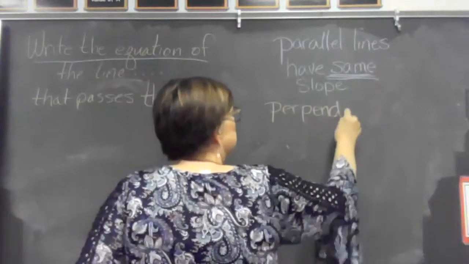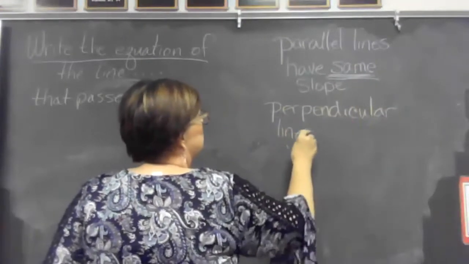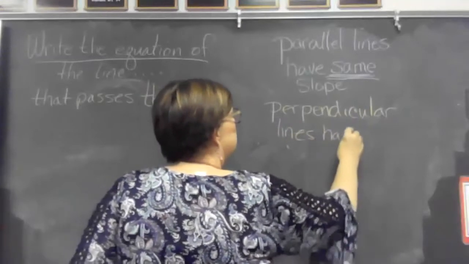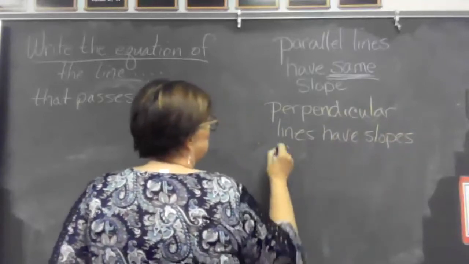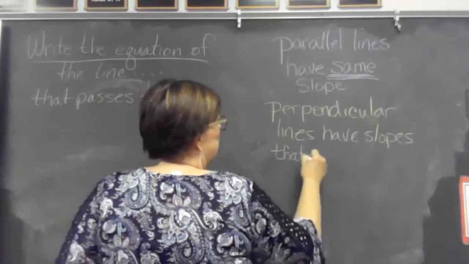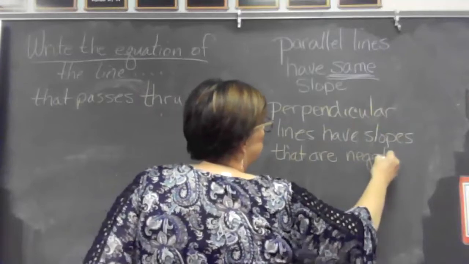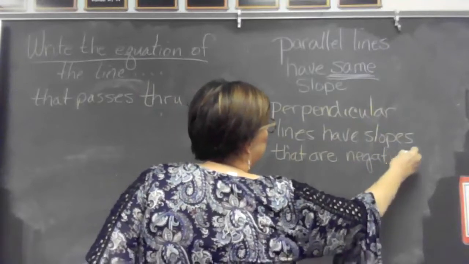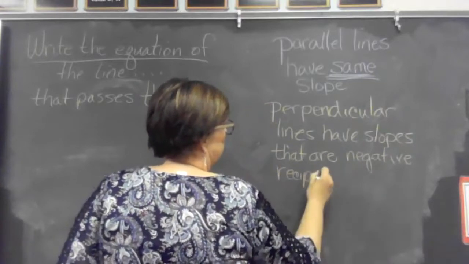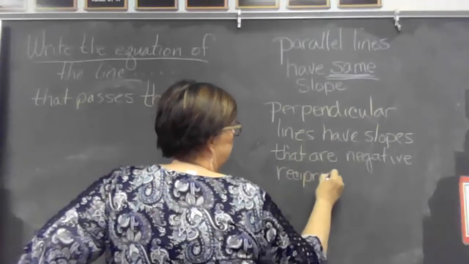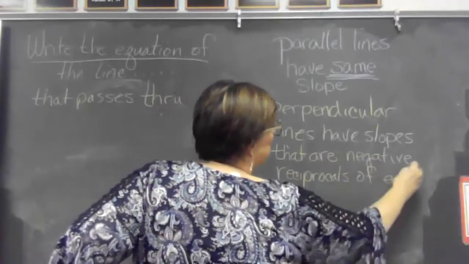Perpendicular lines have slopes that are negative reciprocals of each other.